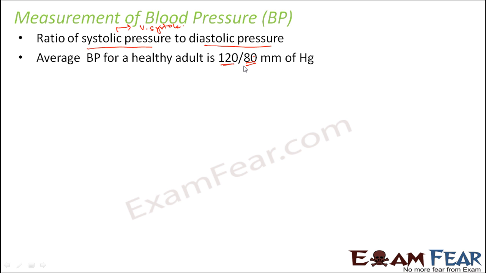As I said, after the blood has gone out, the ventricles tend to relax, and as a result the pressure inside the ventricles tends to reduce. So that is the diastolic pressure. This is the normal pressure, 120 by 80. Age also matters for some people. If their age is more, sometimes the normal pressure might be a little more than this.